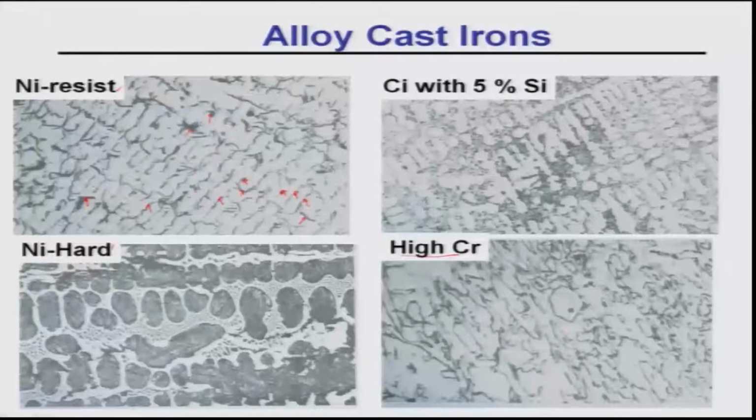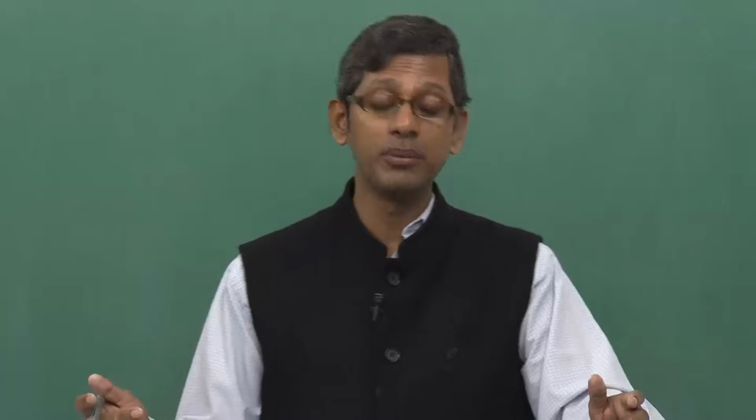The second category of microstructure is known as nickel hard. What is nickel hard? Nickel hard will have a lower concentration of nickel, about 4 to 8% of nickel, but the chromium percentage will be a little higher, it can go up to 8% of chromium. And when you have a large amount of chromium, what will happen? It will lead to formation of cementite, that is what you see here.